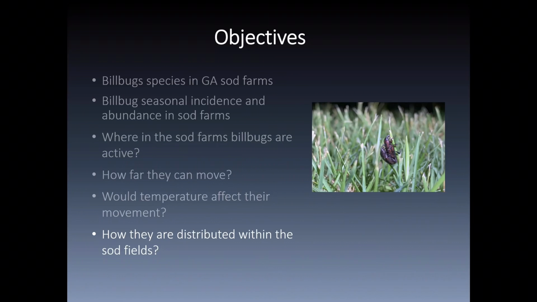That is another problem here, because billbugs are always on the move, and the sod producers say that I see them, but I don't know from where they're coming and from where they are infesting the grass. So that part we don't know really well. So that's what we're trying to understand, how they're distributed, and some directions on how to sample for them, so that if you see something, that can trigger an application or trigger a management action.